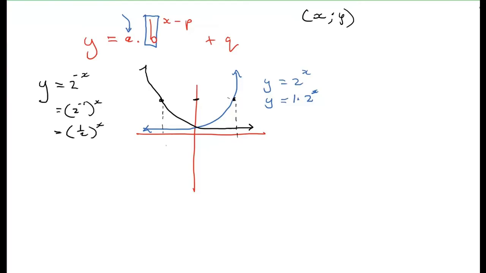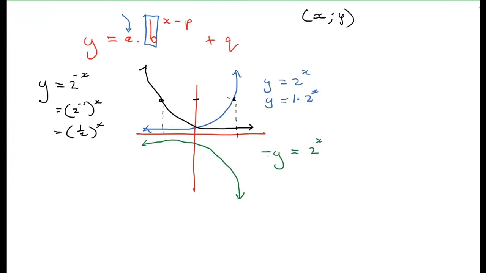Now I'm going to take the original blue graph and reflect it about the x-axis. So now I've got a graph that looks like this. So now I have y equals 2 to the x. Tell me, what happened to the graph now? If you reflect about the x-axis, all the height changes, which means now all your y values are negative.